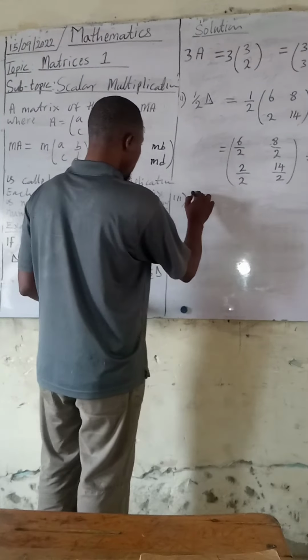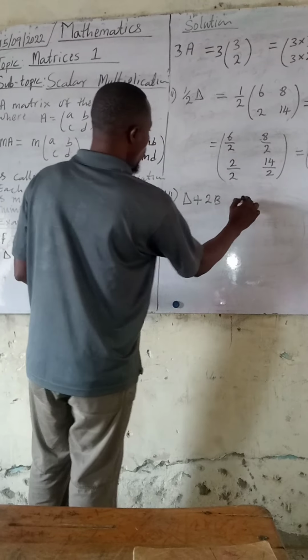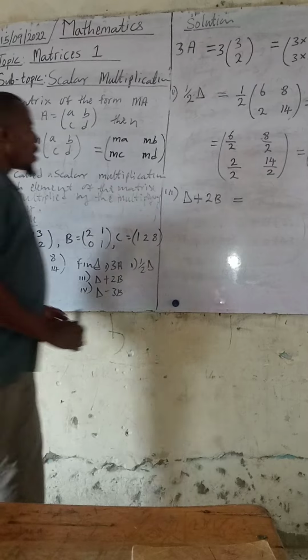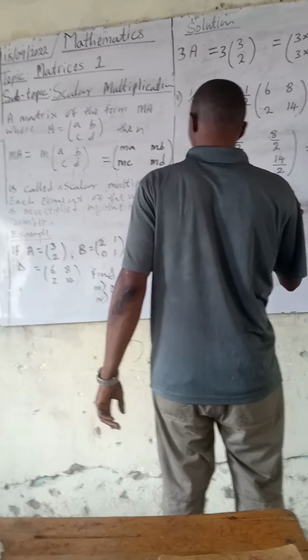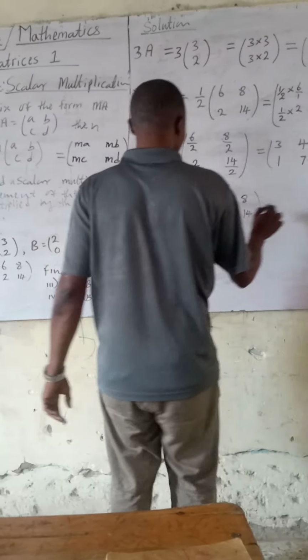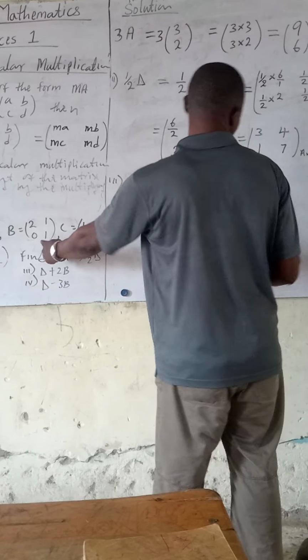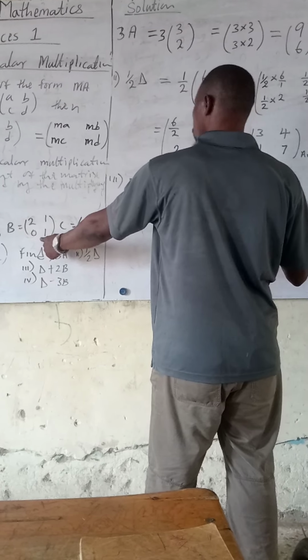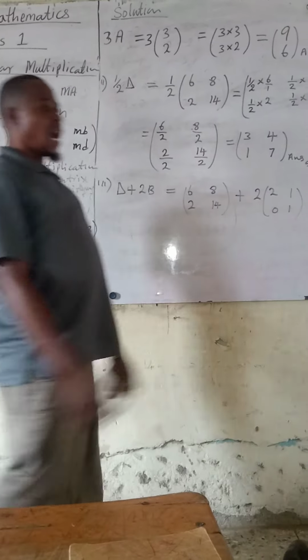Number 3 we have D plus 2B equals, we know what D means. D equals 6, 2, 8, 14. Then plus, we have 2B. This is the value of B. Then we multiply it by 2: 2, 1, 0, 1. Are we together?